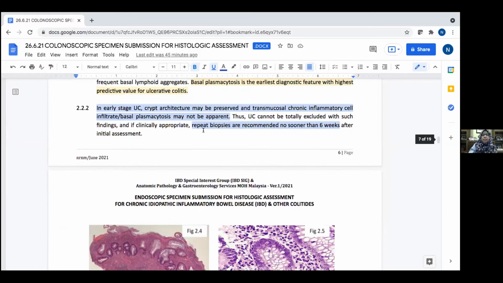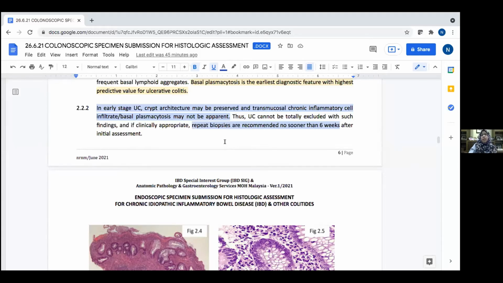Sometimes in the early stage of UC, the crypt architecture and the chronic inflammatory cells are not that overtly increased, so much so that you don't observe the transmucosal increase in chronic inflammatory cells. But if the clinical history is suggestive, you may want to recommend that the clinicians repeat the biopsy no sooner than 6 weeks for a more definitive assessment.